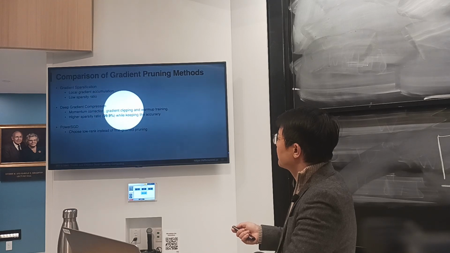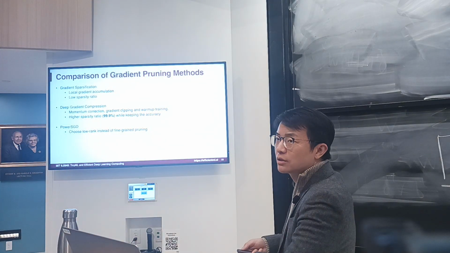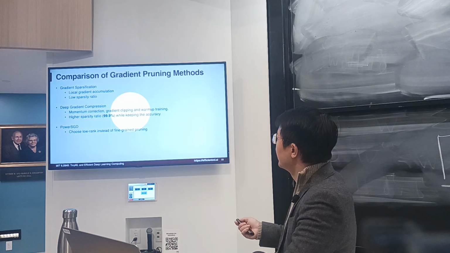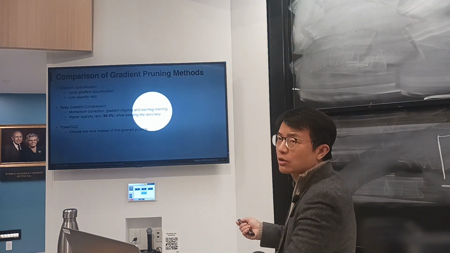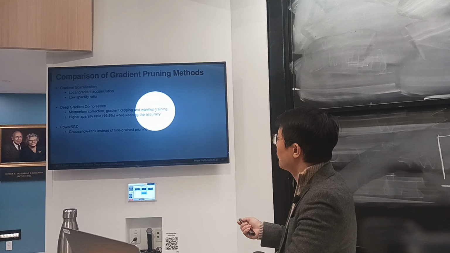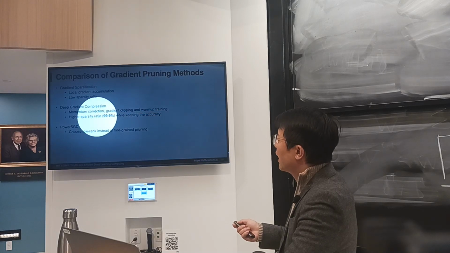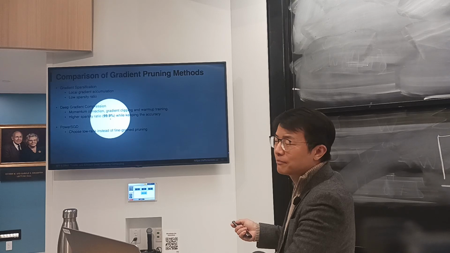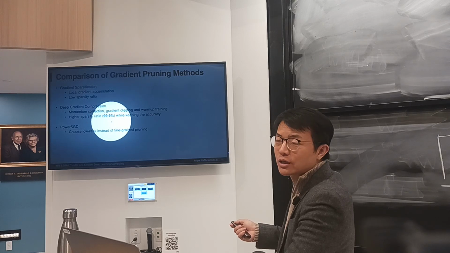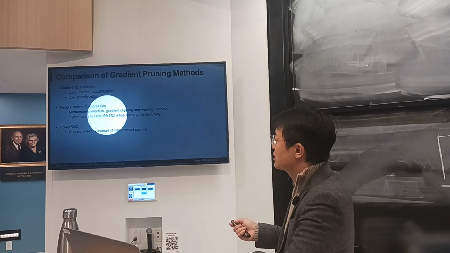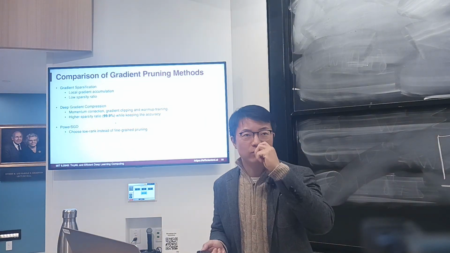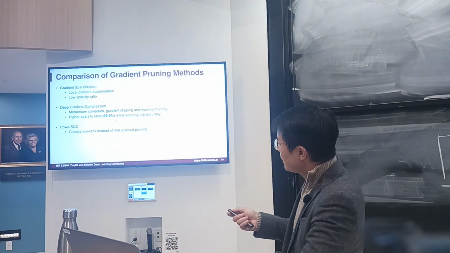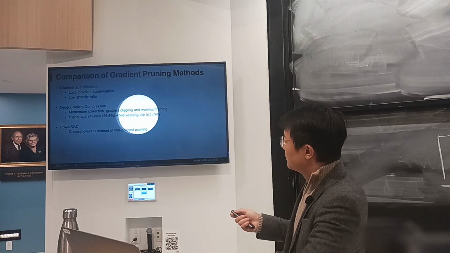And gradient clipping, so we clip the gradient to prevent overflow, and also perform warm-up training: start with a smaller learning rate and a smaller sparsity ratio to warm up. That can achieve a very high sparsity ratio. We can prune away 99.9%. For weight pruning, even 90% pruning is a very high pruning ratio, but gradients are much easier to prune compared with weights. That's the lesson we learned, while maintaining the accuracy.